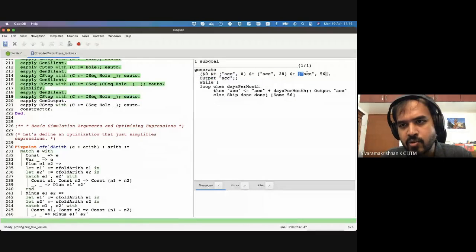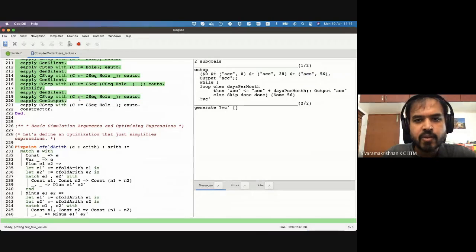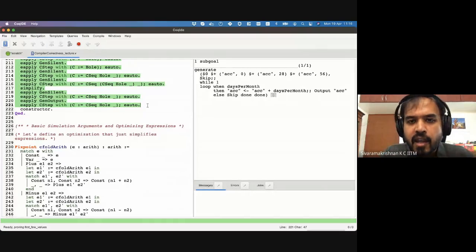The accumulator is now 56, right? And now you say E apply gen output, right? And then we have the output here. You just reduce it one step. That's gone. So we've also output that step.